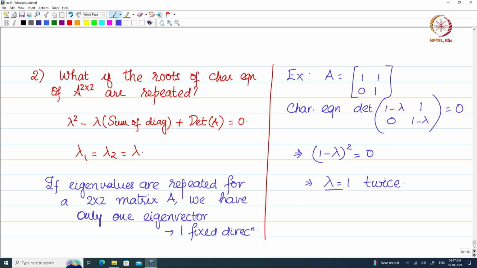So let us find out what is the eigenvector corresponding to lambda equal to 1. We want A minus lambda I times u is equal to 0. So we have 1 minus 1, 1, 0, 1 minus 1, times u1, u2 is equal to 0, 0.